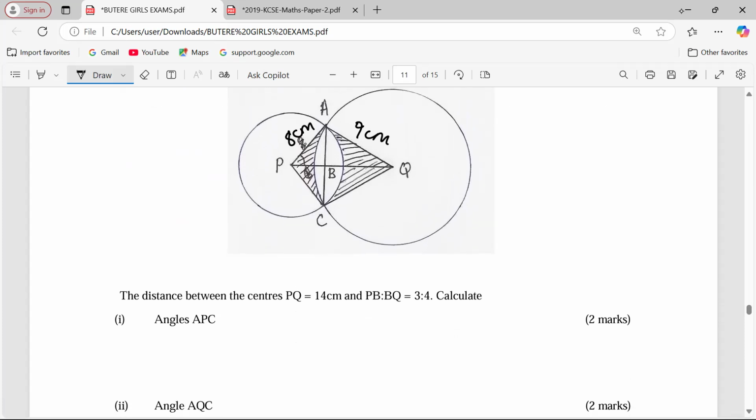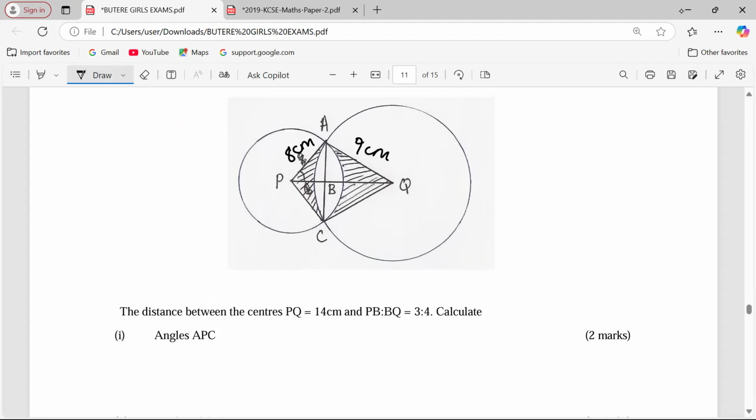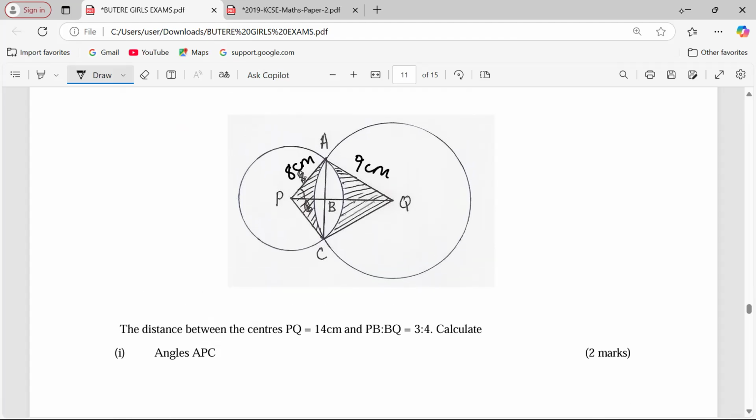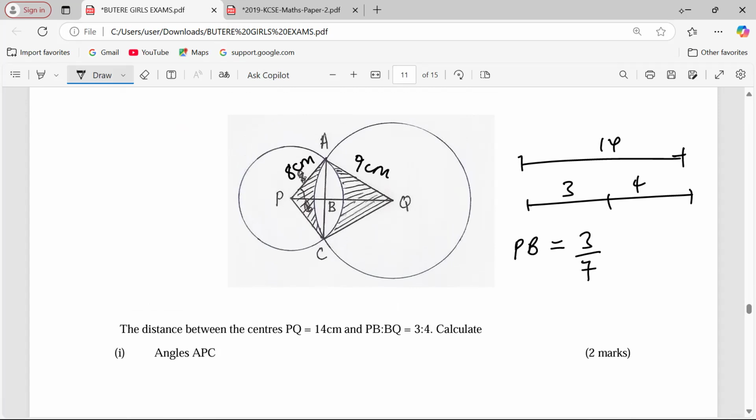Okay, let's first deal with this ratio of lengths. This is the total length, whereby we are having 3 proportions and 4 proportions, yet the total length is 14 centimeters. So from P to B, we have 3 proportions out of the total 7 multiplied by the length, so we are getting 6 centimeters.